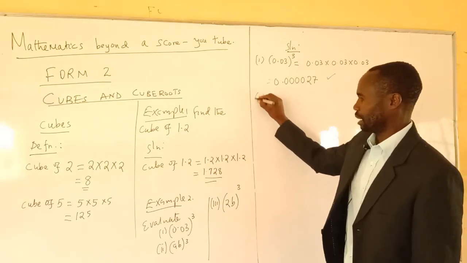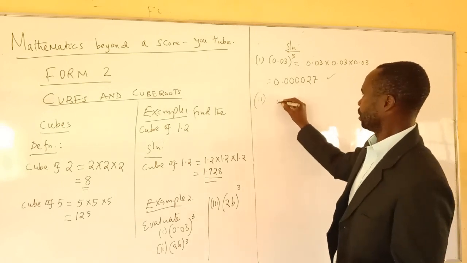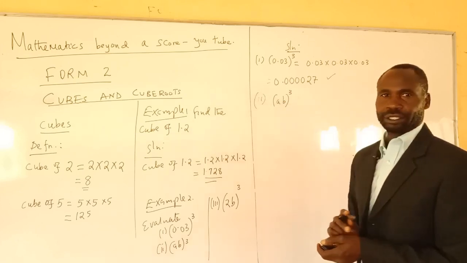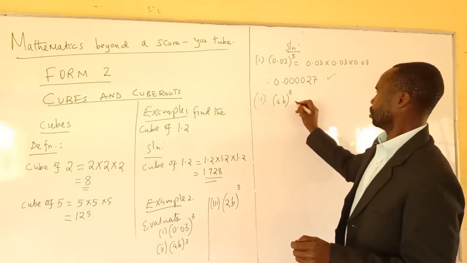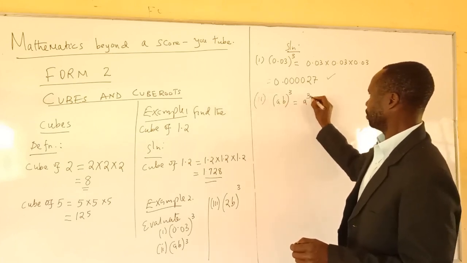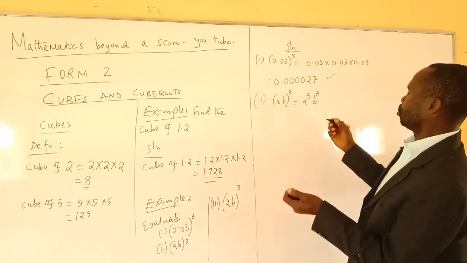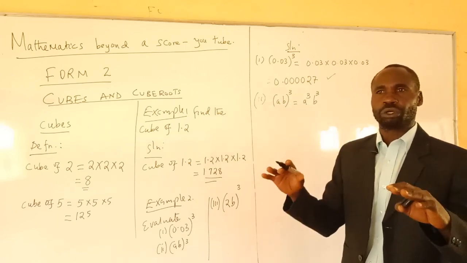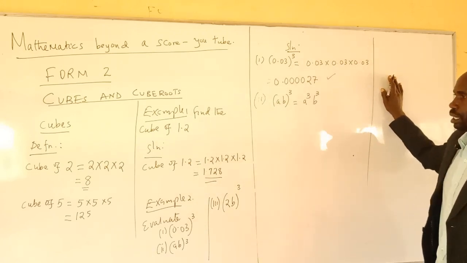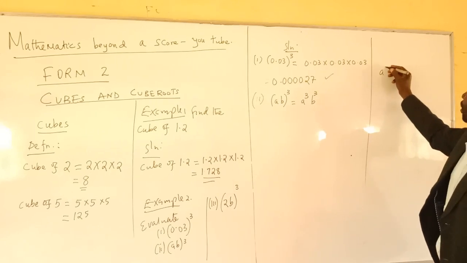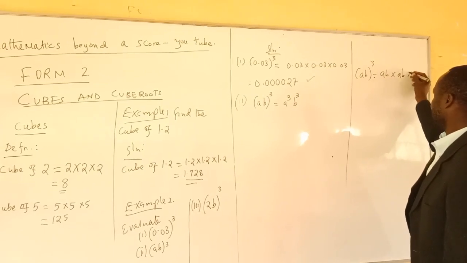Part 2 is easy, and it appears in most of your examinations. When you are given (ab) cubed, my students, it is extremely easy. You cube a and you cube b. So this is a multiplied by itself 3 times, and b multiplied by itself 3 times. When we want to do it in our rough column, we do it easily. (ab) cubed means ab multiply by ab multiply by ab.